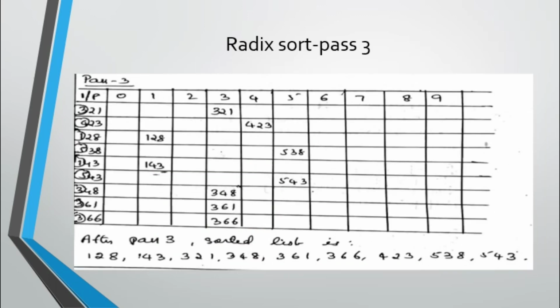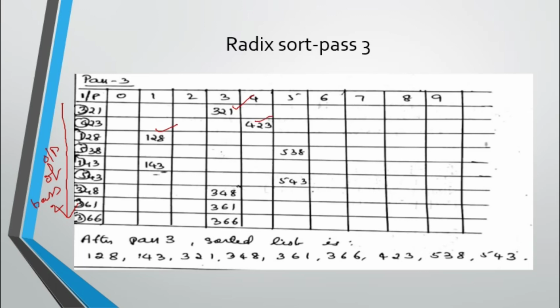Again numbers 0 to 9. Now you have to take the hundreds place. Circle all the hundreds places, and write according to the output of pass 2. Now circle the hundreds place and write again. We have observed that 321 comes in 3, then 128 in 1, then 423 in 4.